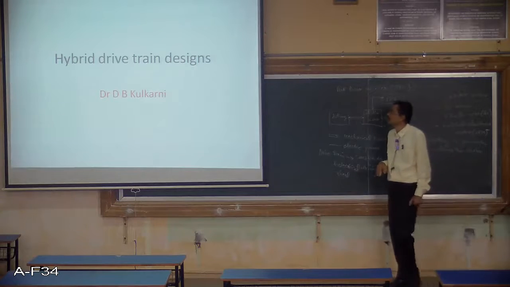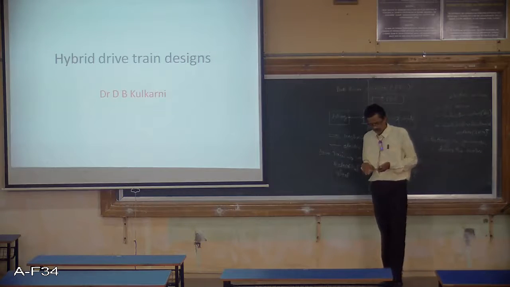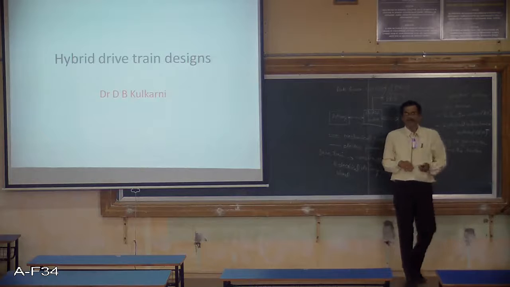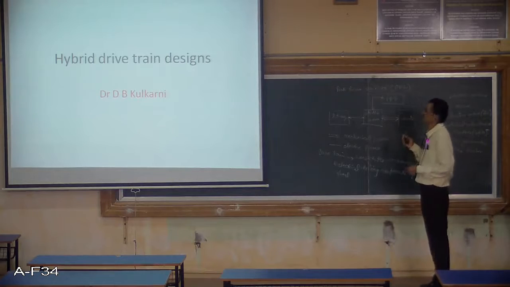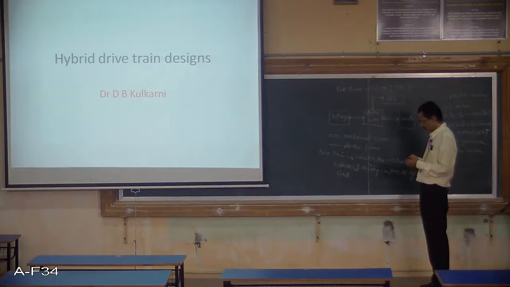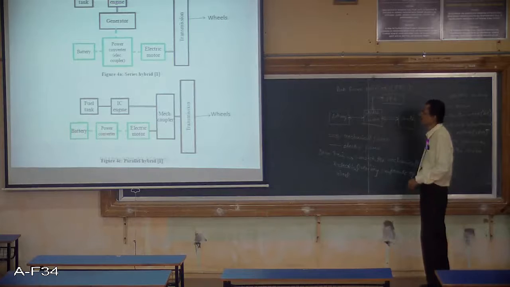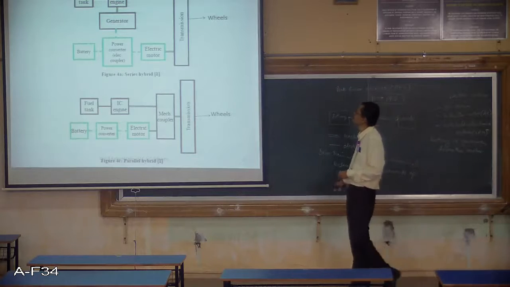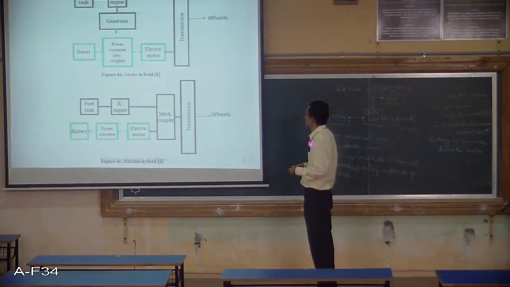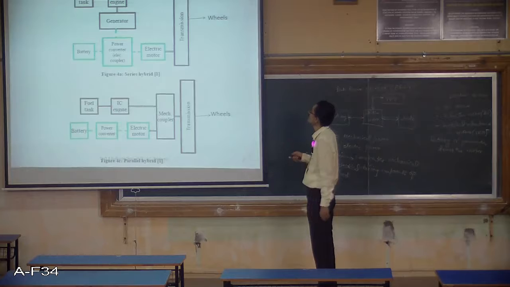Now in hybrid electric vehicles, how these drivetrains are designed and how exactly the power flow is achieved and controlled, that part we are going to see in hybrid drivetrain designs. This is the block diagram of the hybrid drivetrain. In the first part, this is the series hybrid and the next part is the parallel hybrid.